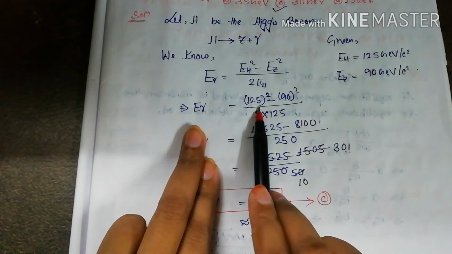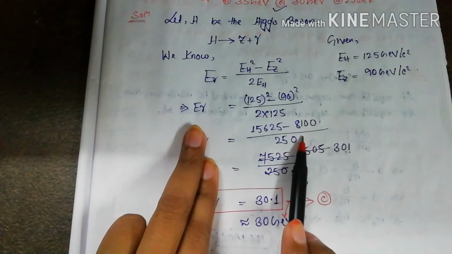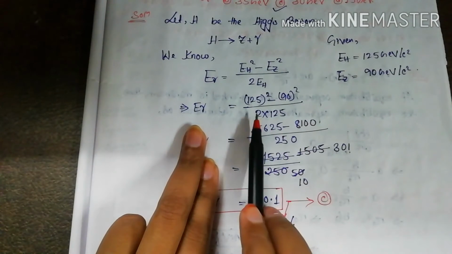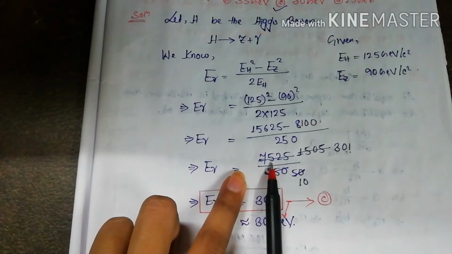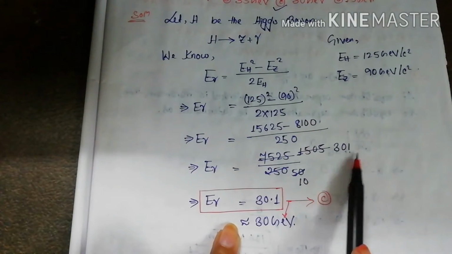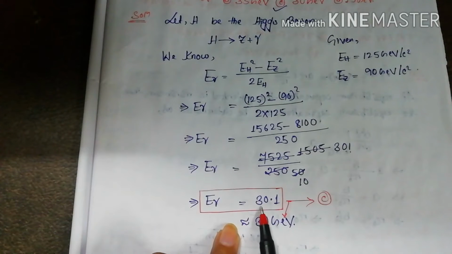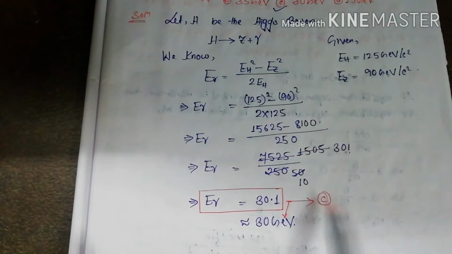Substituting the values of EH and EZ, and on simplifying you will have 15625 minus 90 square, which is 8100, and in the denominator multiplying 2 with the value of EH, which is 125, it will give you 250. Now it will give you 7525 by 250. Cancelling these two terms, you will have 301 by 10, that is approximately equal to 30.1, which is 30 giga electron volt. So this is the energy of the photon. So the correct option is option C.